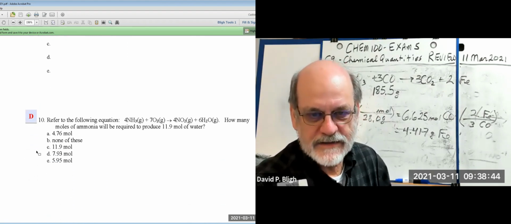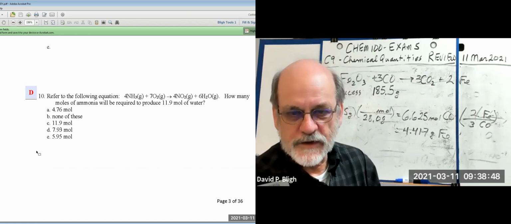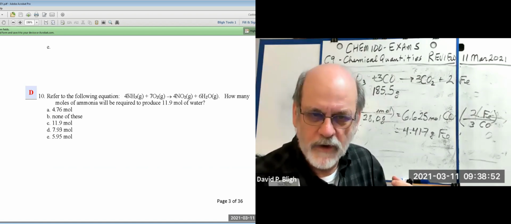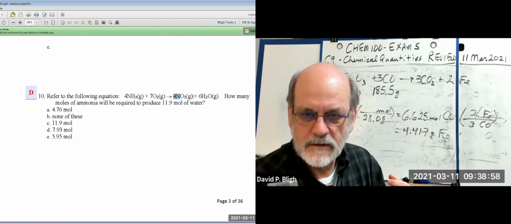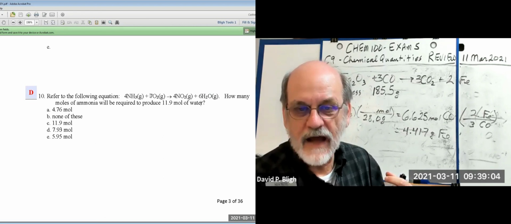So now we're going down to 10. There it is. So with this following equation, is it balanced? 4 nitrogens, 4 nitrogens, 12 hydrogens, 6 times 2 is 12 hydrogens, and 14 oxygens.